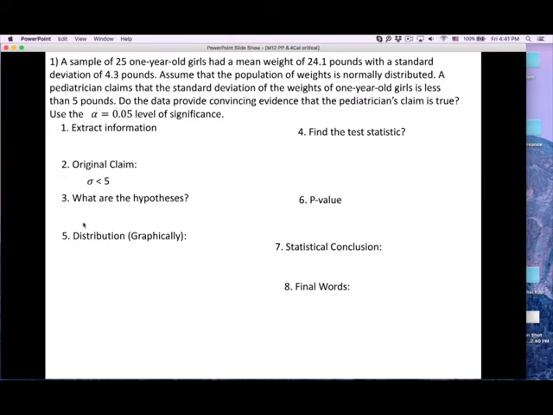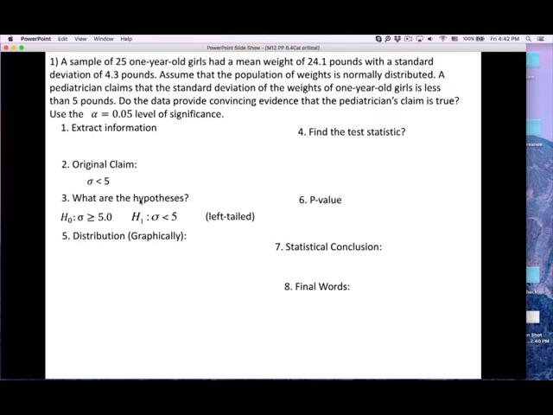Okay, now figure out number 3, the null and alternate hypothesis. You should have greater than or equal to for the null hypothesis and strictly less than for the alternate hypothesis. Okay, left tail, right tail, or two tail? Should be left tail, right?